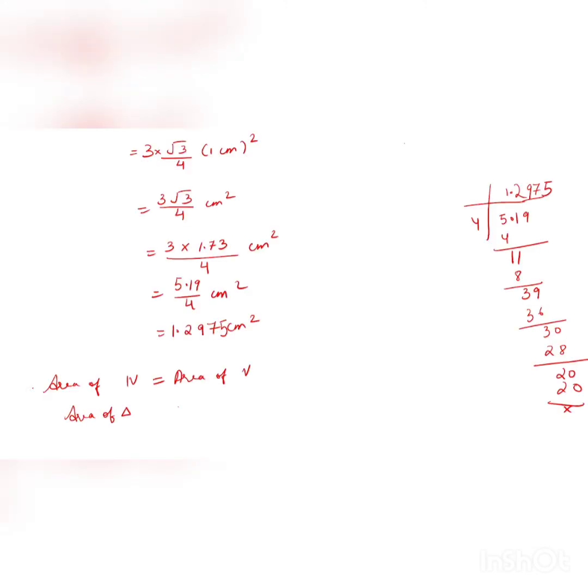Area of CFG must be equal to area of triangle BDE. Clear? Now you look up. In the next slide I'll show you what the triangles look like. So this is one triangle, and this is the other triangle, right?